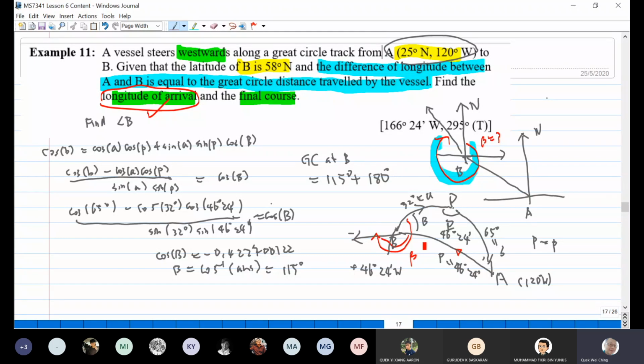That's why plus 180: moving along a great circle is just moving along a straight line, so the angle of a straight line is 180. So this is equal to 295 degrees. This is the great circle, the final course, theta here.